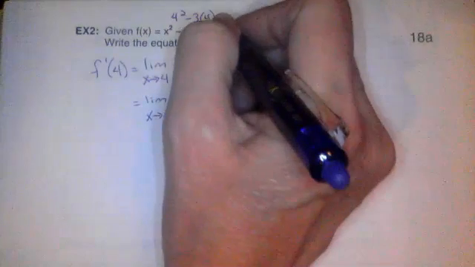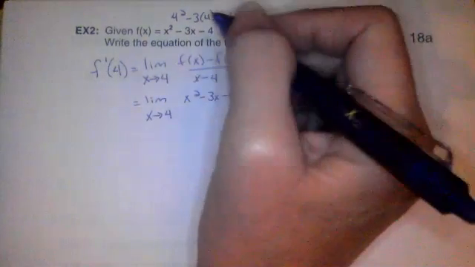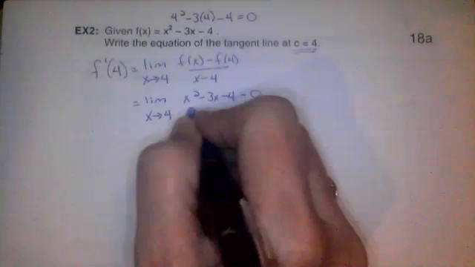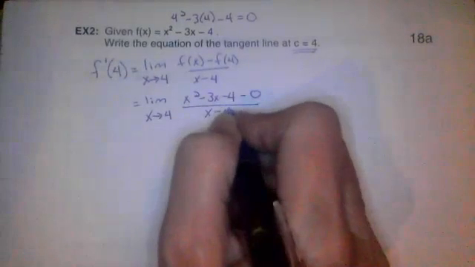So we're going to plug in 4. So we have 4 squared minus 3 times 4 minus 4. So 16 minus 12 is 4, minus 4 is 0. So this is just minus 0 over x minus 4.